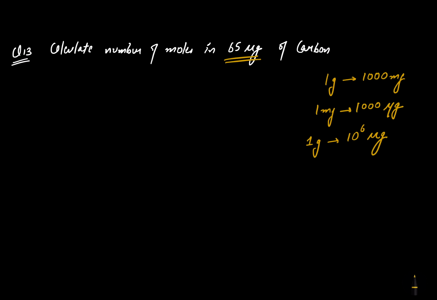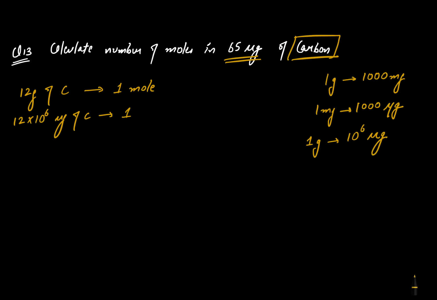I have given you the relation. Now what's the atomic mass of carbon? It's 12 grams. Now 12 grams of carbon makes up 1 mole, right? That means 12 into 10 raised to power 6 micrograms of carbon makes up 1 mole.